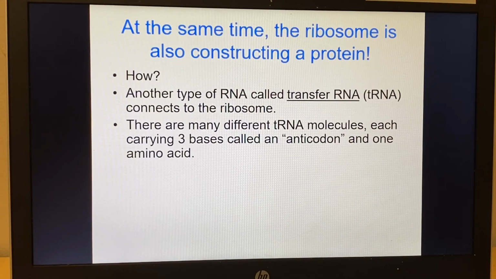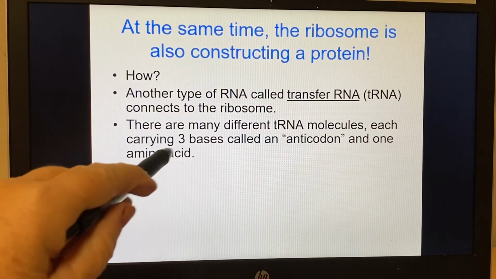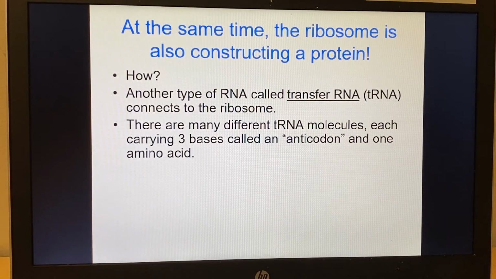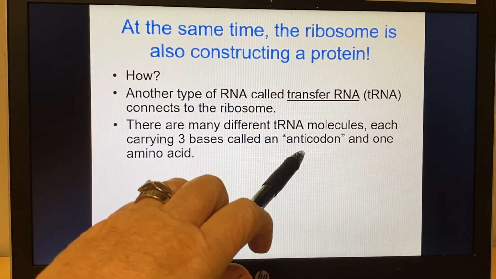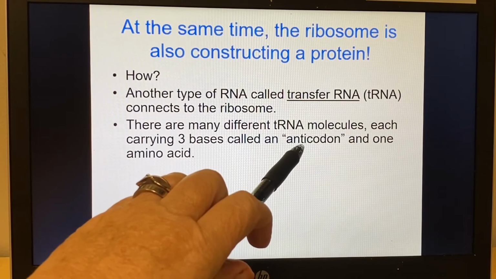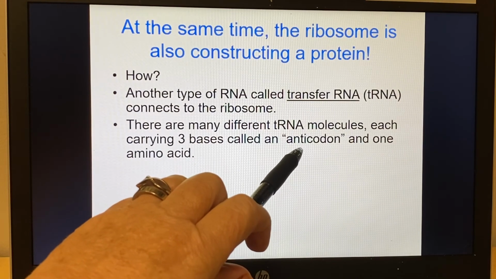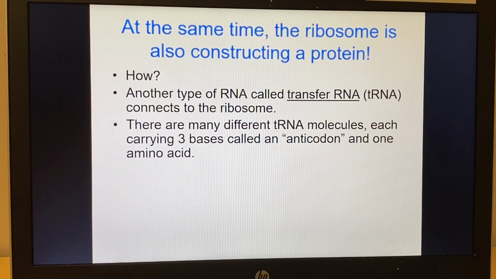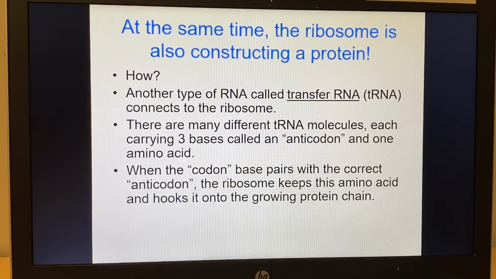Each one of them is carrying a 3 base pair or codon segment, and we refer to this as an anticodon because it's going to base pair with the codon on messenger RNA, and it has the anticodon on one end, and on the other end, it has an amino acid.